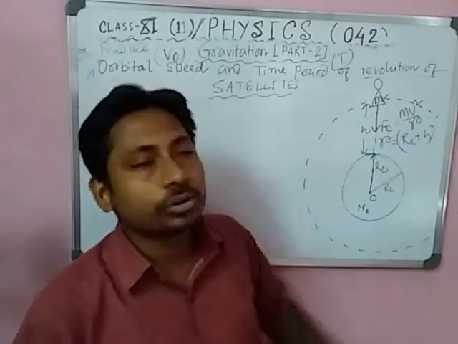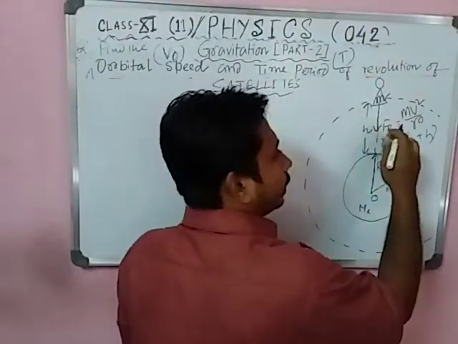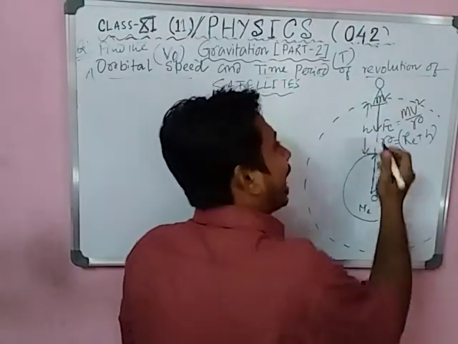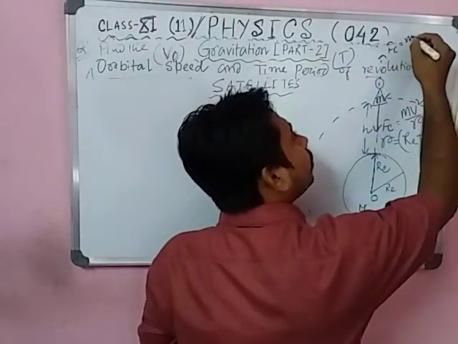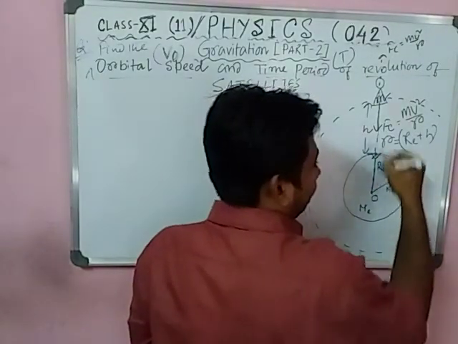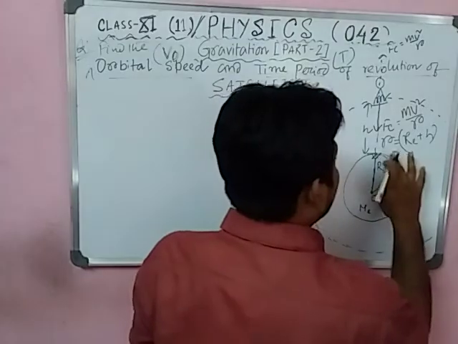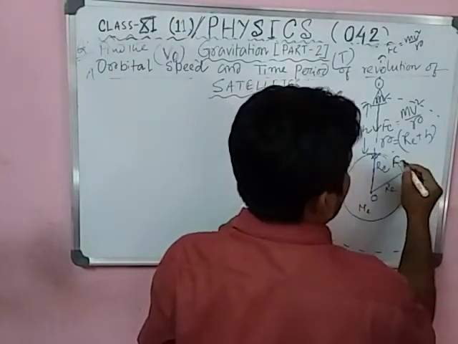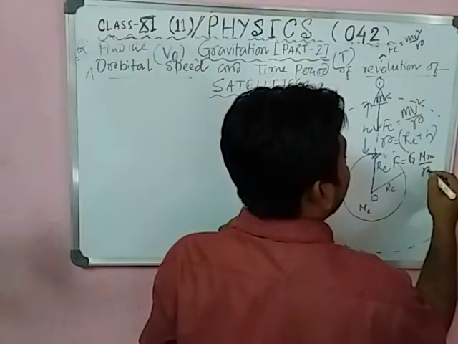The centripetal force balances the force of attraction, and the force of attraction is G M m by r square.